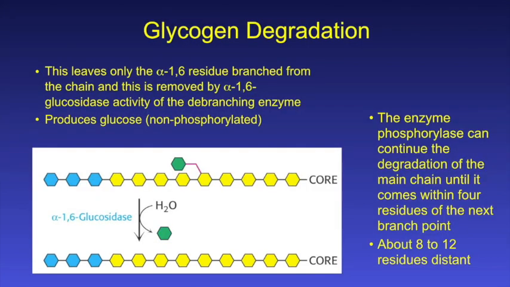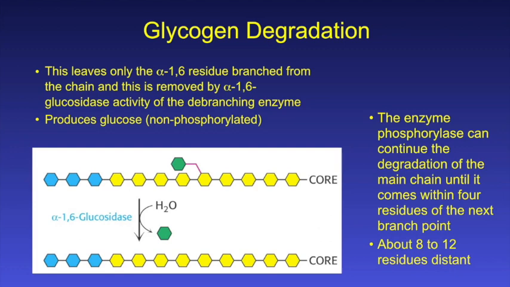The second activity is to remove that 1 glucose, and consequently it comes off as glucose without a phosphate. At this point, that's not as efficient, and we have to use an ATP to phosphorylate that to get it to glucose 6-phosphate.